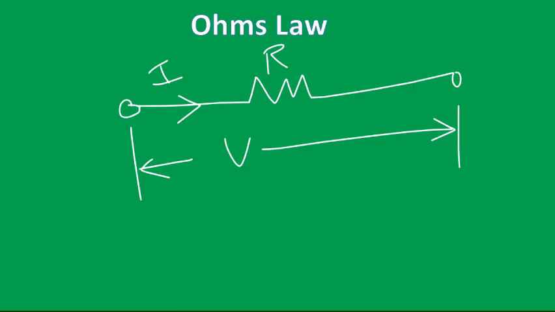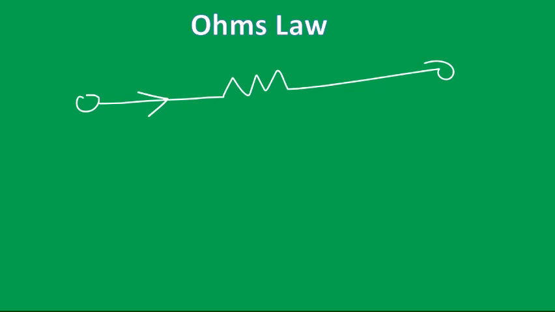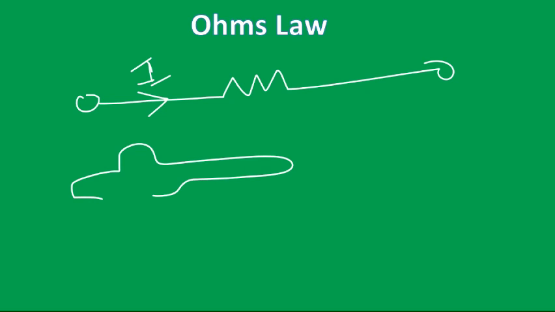Now, current is nothing but the flow of electrons. For more simplicity, let us say I take a car. I'm bad at drawing, I'm sorry.